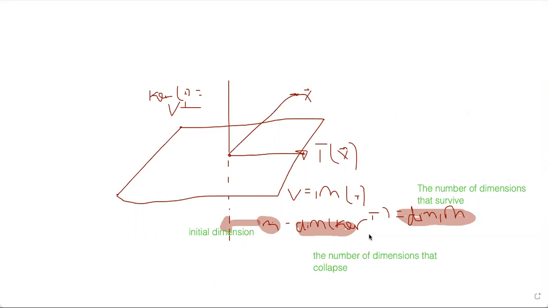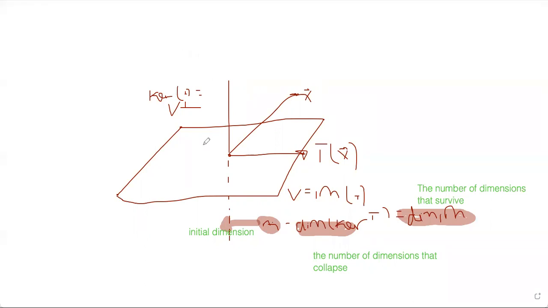The dimension of kernel is the solution, it's the things that map to 0, right? So that means it's the number of dimensions that collapse, that aren't sustained. And then if you subtract the number that collapsed from the total, that leads to the dimension of the image, the number that survive. Let me show this in action.